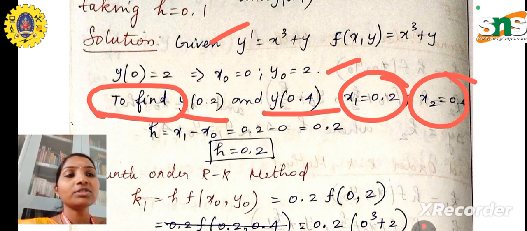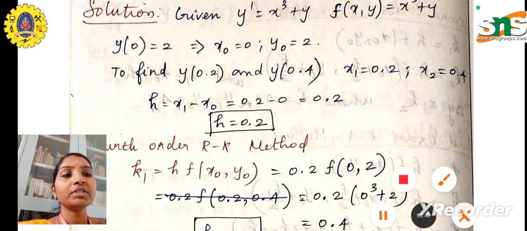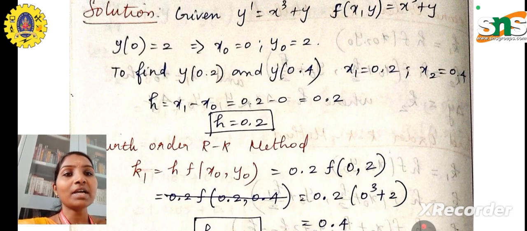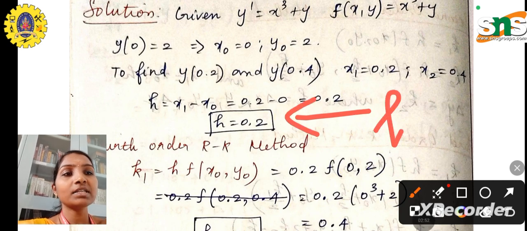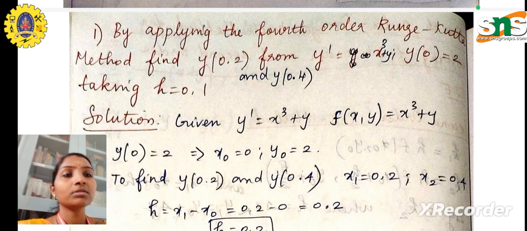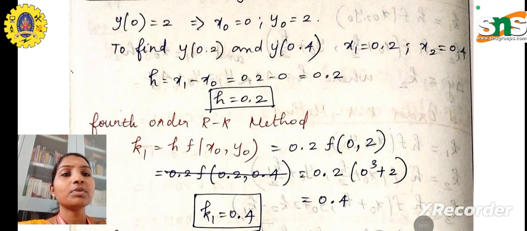So now we are not using the h given in the question, we are just considering h is equal to 0.2. We are explicitly hiding that h is equal to 0.1, as it will not come here.